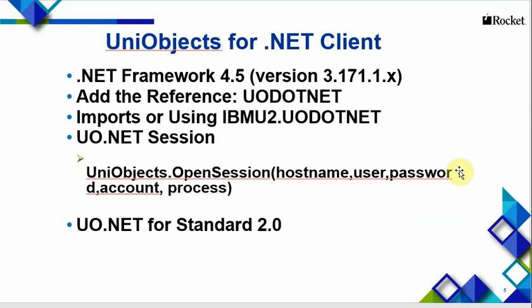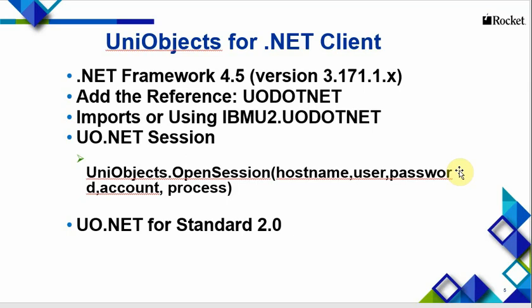Next, we provide a client called UniObjects for .NET client, or we call it UO.NET. Right now, we have .NET Framework 4.5 and 4.6. This driver is only for 4.5, but it can still work with a 4.x environment. So how does it work?